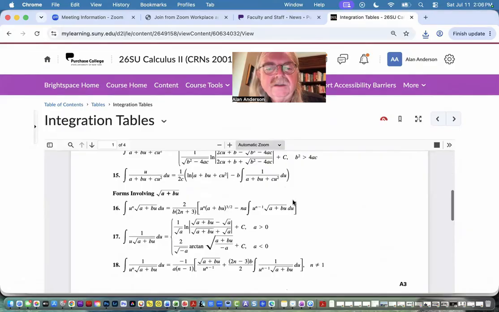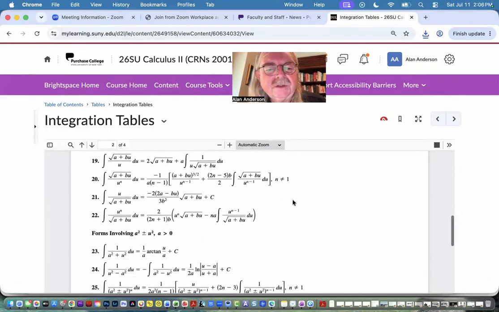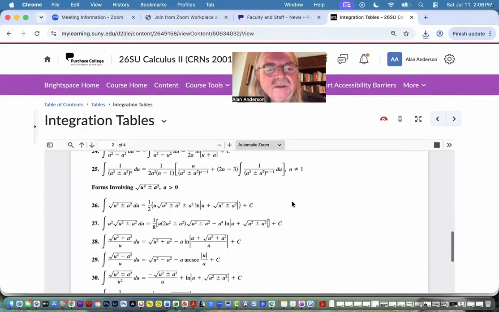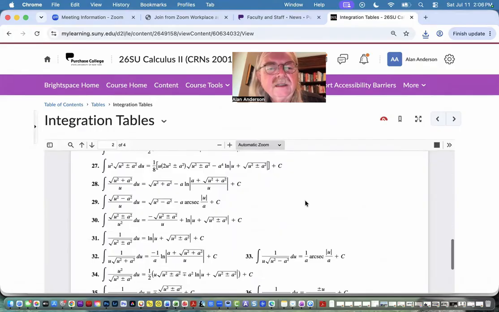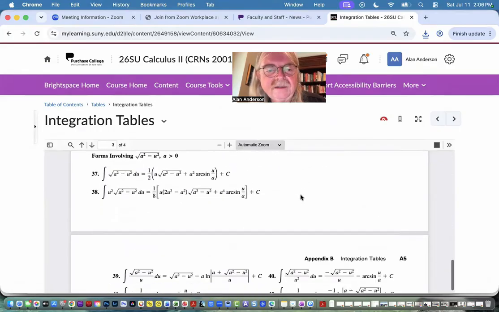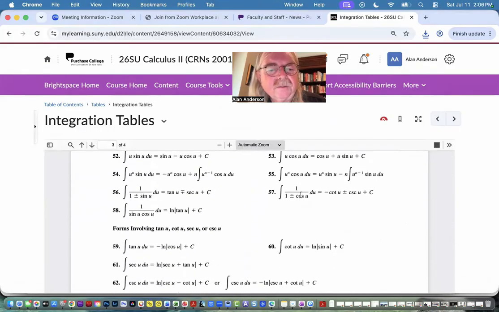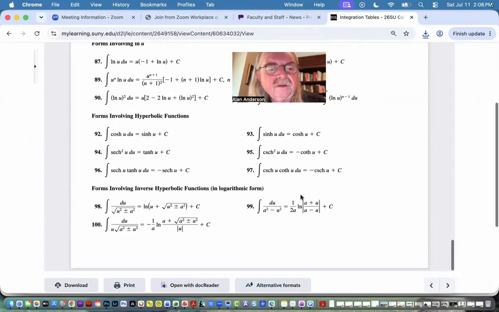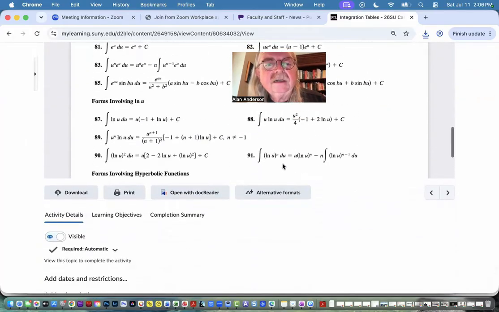Okay. So now they're going to ask us to use this table several times in this section to identify the correct form that we need. And this can take a while because there's so many of them. You can see they're numbered, and there's 100 of them here.